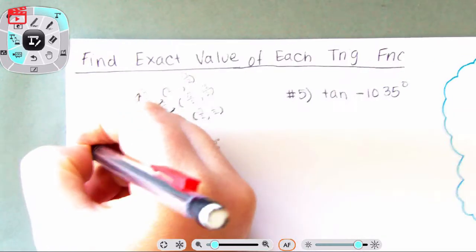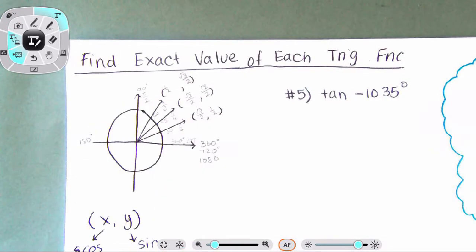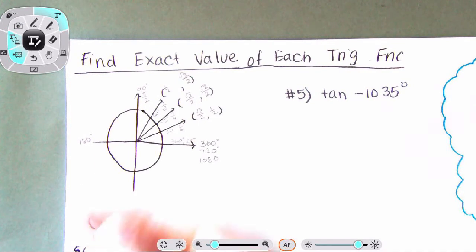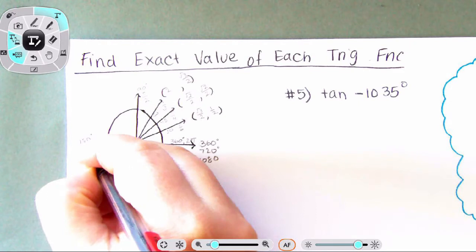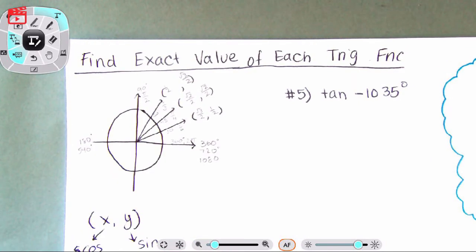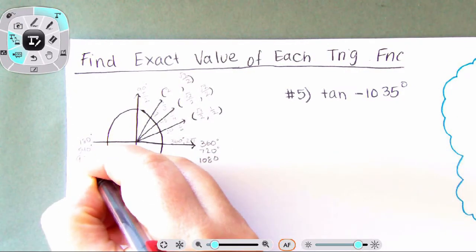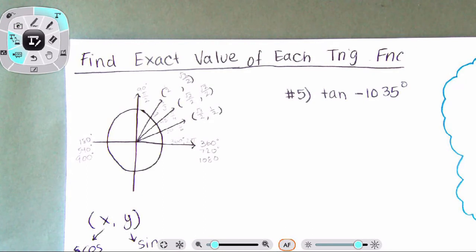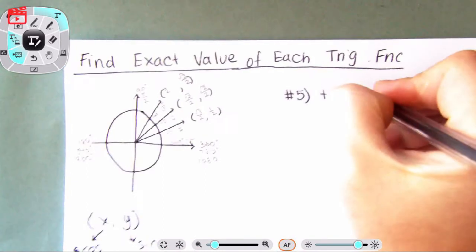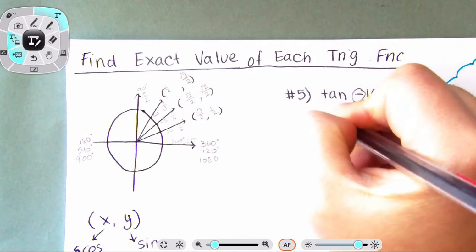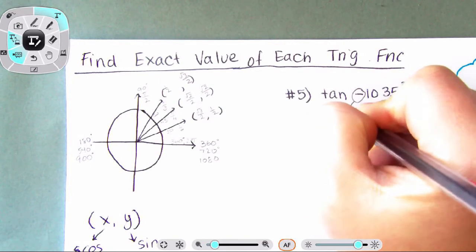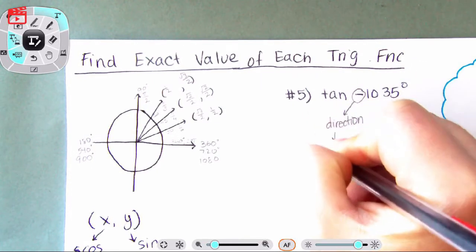And I'm going to do the same thing. I know this is 180, and 180 plus 360 is 540, plus 360 is 900. Okay, so obviously this is negative. Negative tells you direction. And the direction is clockwise.